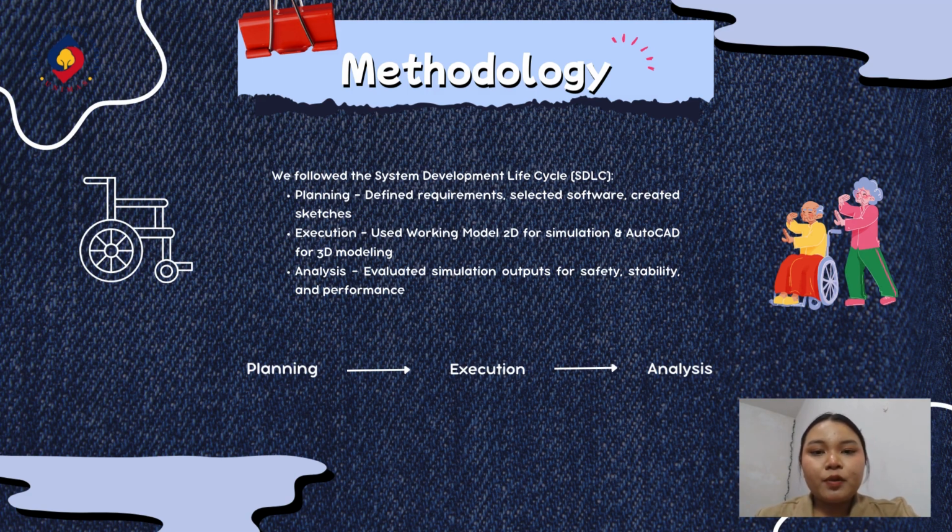We used Working Model 2D to test mechanics and AutoCAD to create a detailed 3D prototype. Finally, in the analysis phase, we reviewed simulation data to validate performance, safety, and stability. This iterative process ensured our final design was both functional and reliable before we moved forward.